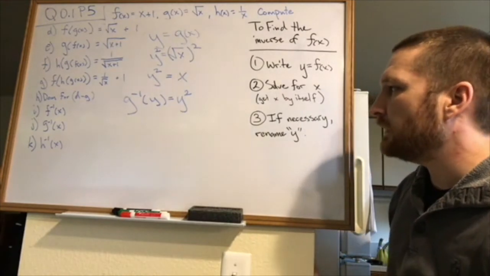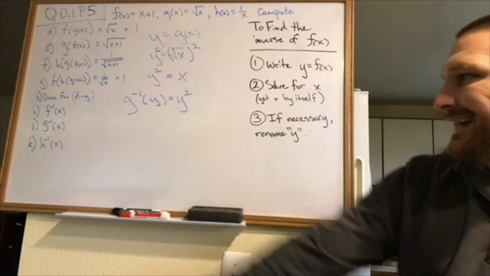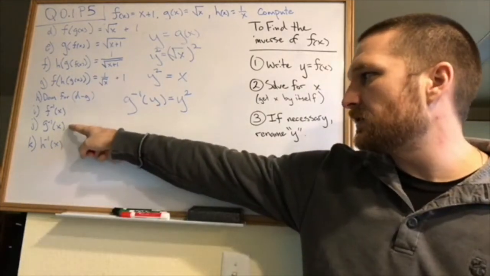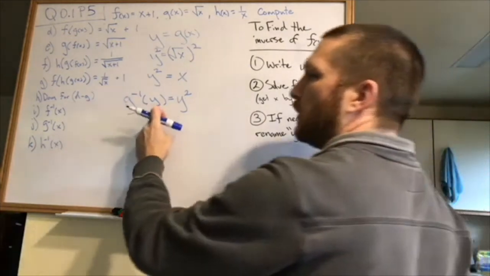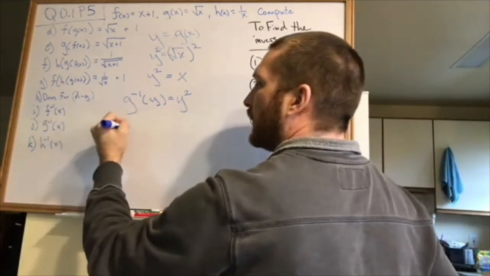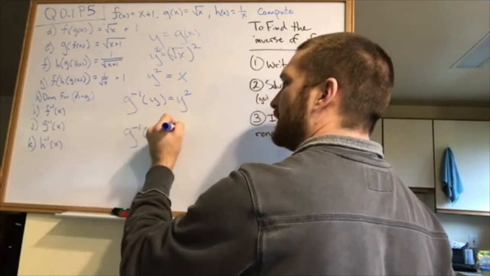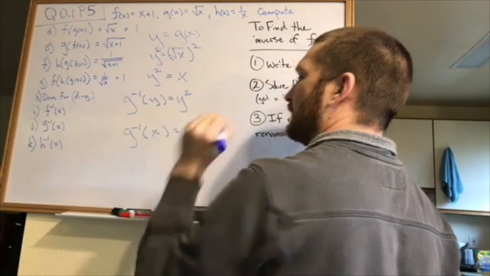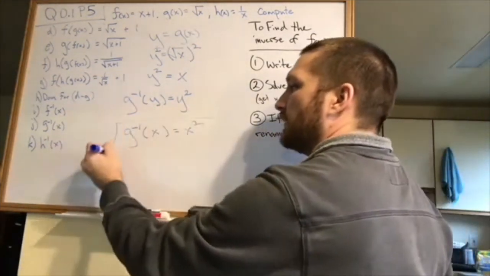Well, technically, yeah, but if necessary, we need to rename y, and it is necessary because I asked you to do it in terms of x. So wherever I see a y right here, I have to replace it. If I wanted to plug in an x, I would just replace it like that.